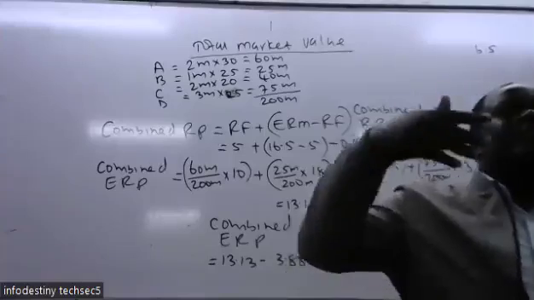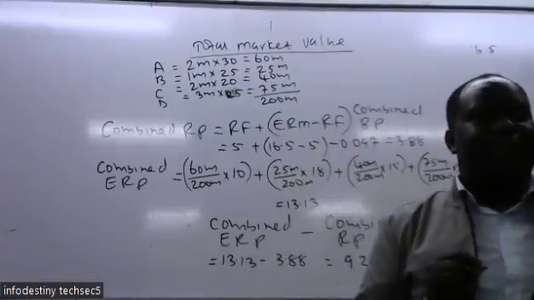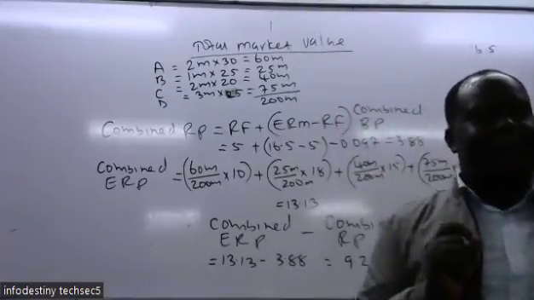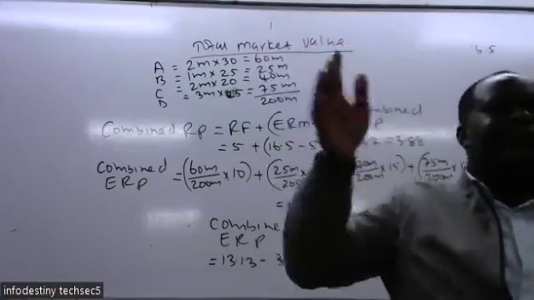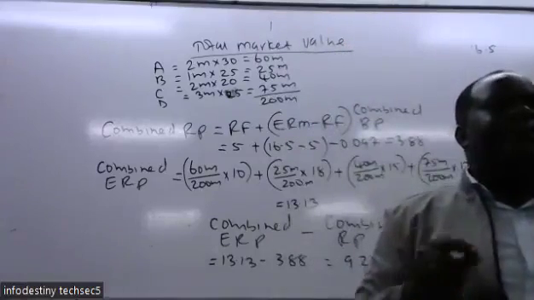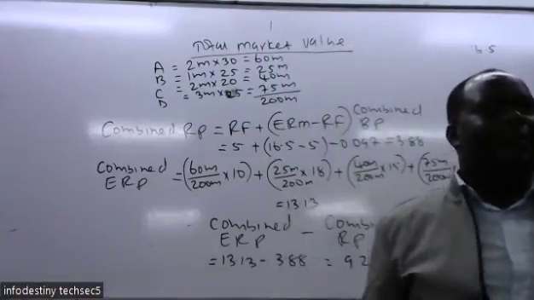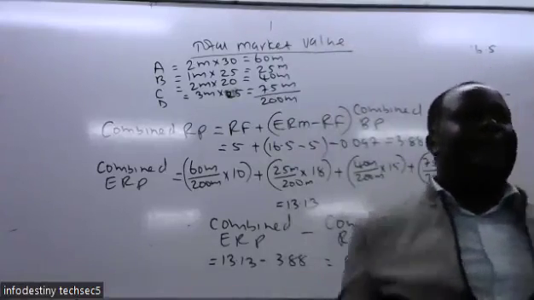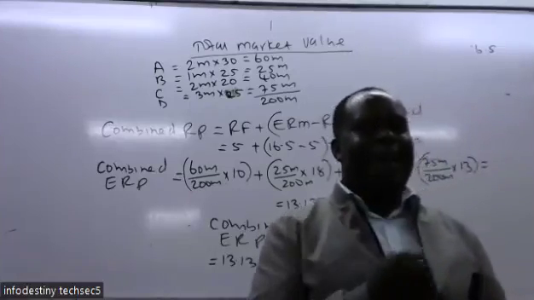But if it is super efficient or inefficient, you need to do something, either to buy or to sell. When it is super efficient, just sell because you get a profit. When it is inefficient, don't sell because you get a loss. But when the two are the same, we just remain there. We don't make any decision. That's where we are.